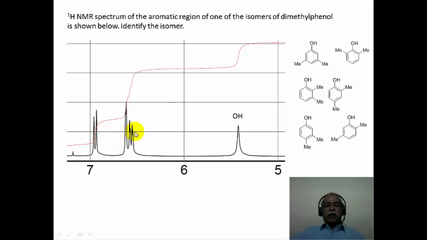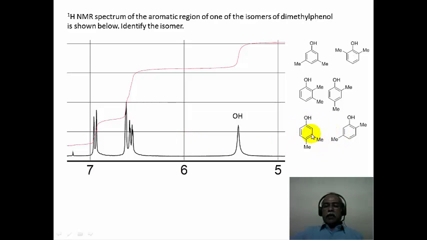So one can come to the conclusion, because there are 2 hydrogens in the shielded region of the aromatic region around 6.5 ppm or so, that the phenolic compound that we deal with should have at least 2 hydrogens ortho to the hydroxy functional group. If you take this phenol, there is only 1 ortho hydrogen. If you take this one, this also has only 1, this also has only 1. So that leaves us with this particular isomer with the 2 hydrogens ortho to the hydroxy functional group.